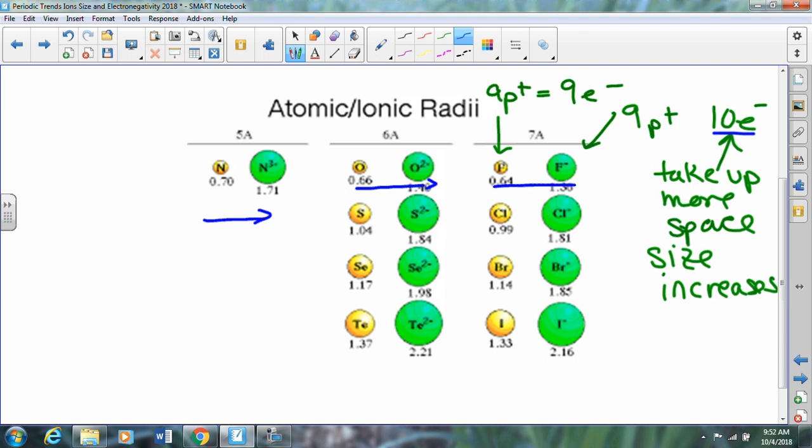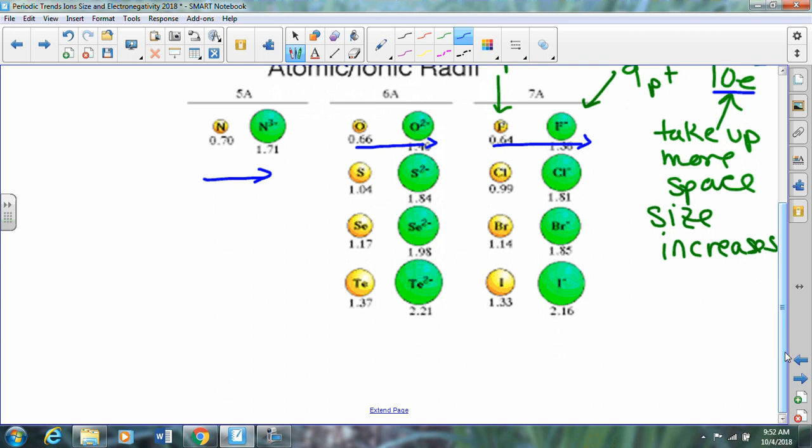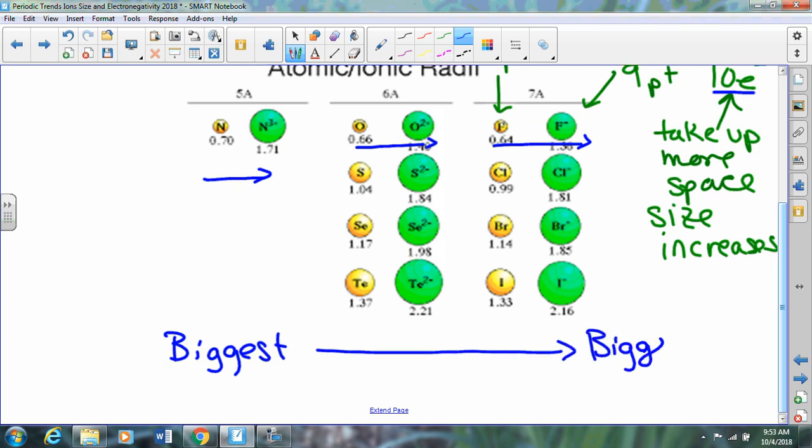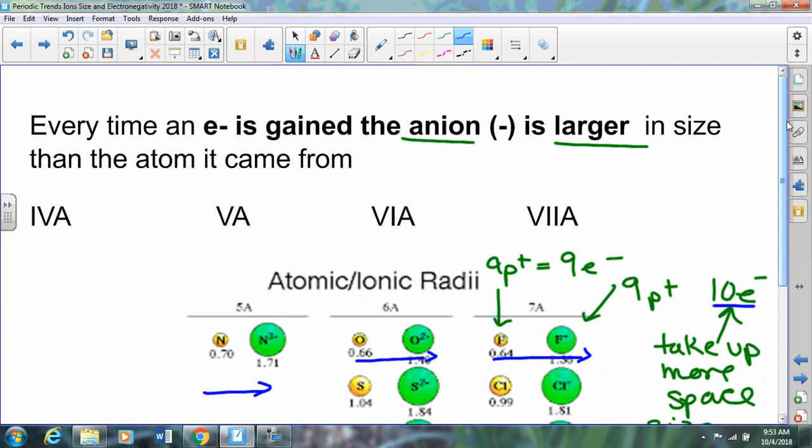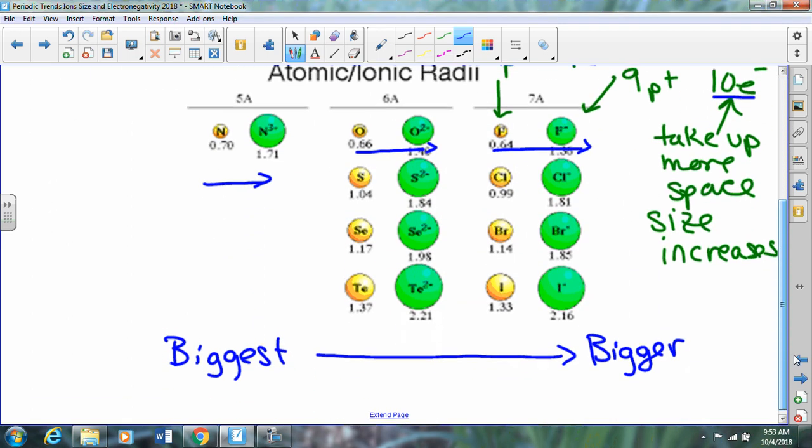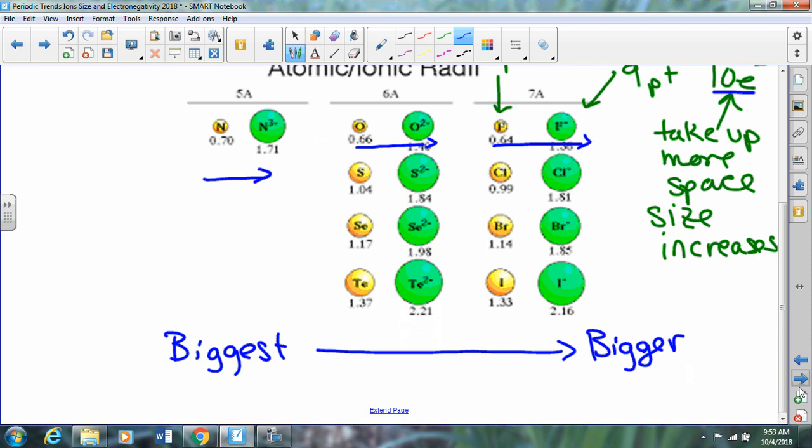The trend for anions, for the nonmetals when they start gaining electrons, is that they go from biggest to bigger. Every anion is going to be larger. Anything that gains electrons is going to have to take up more space. Remember, you're welcome to pause and look at any of these images and write down questions if you have questions, or just re-listen.